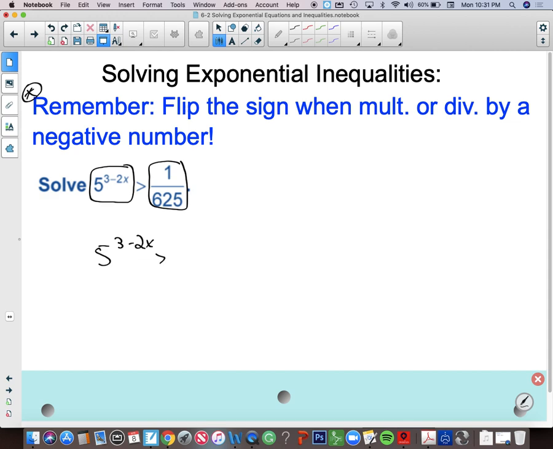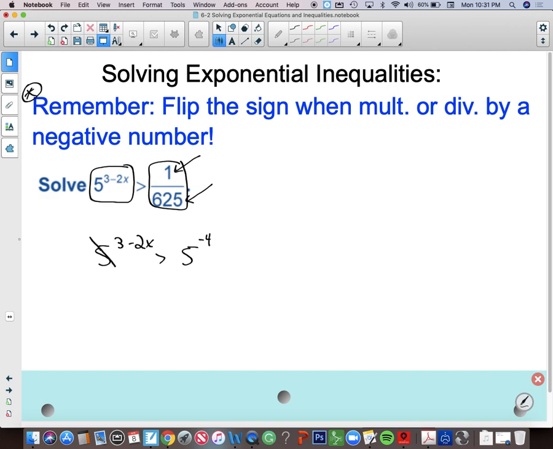So let's keep our sign the same. 625 is actually going to be 5 to the, so 5 to the third is 125, 5 to the fourth is 625, but we got 1 over 625, so how can we make that a fraction? 5 to the negative fourth, right? Because negative exponents create fractions.